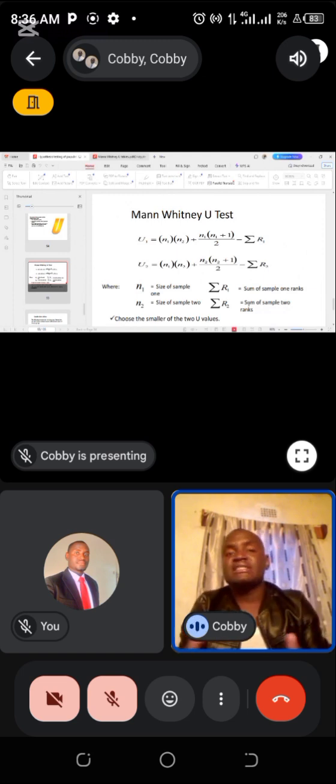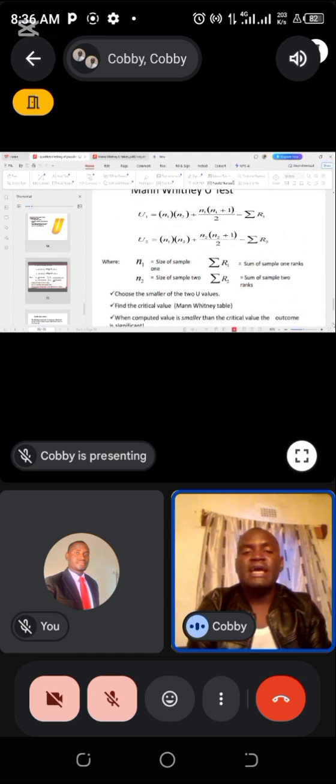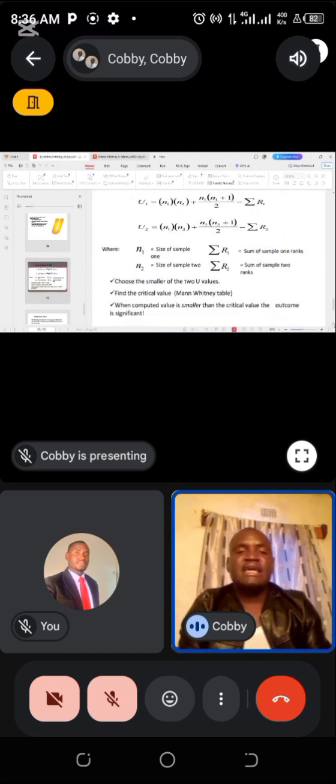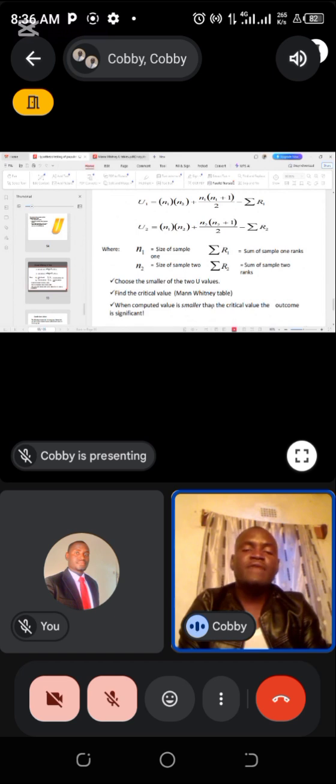So these are the data that we have. Then we choose the smallest of the U values as the test statistic. Then from there, we find the critical value using the Mann-Whitney table. So the critical value is coming from the table.